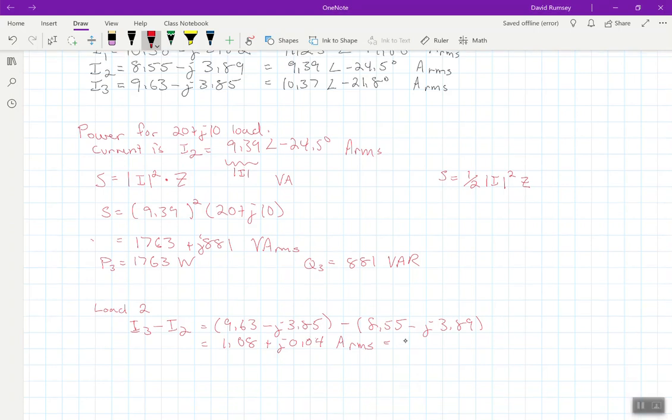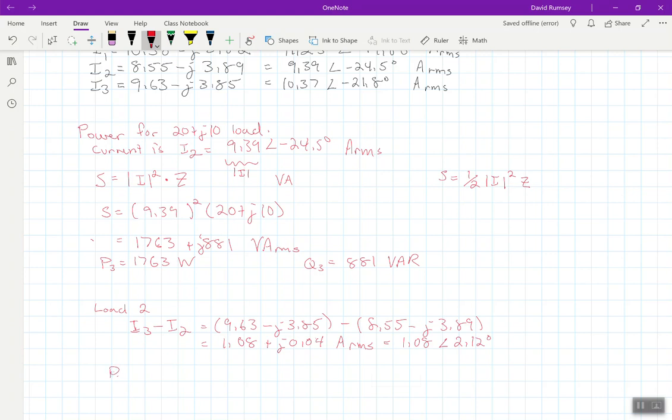And this is equal to 1.08 at an angle of 2.12 degrees.